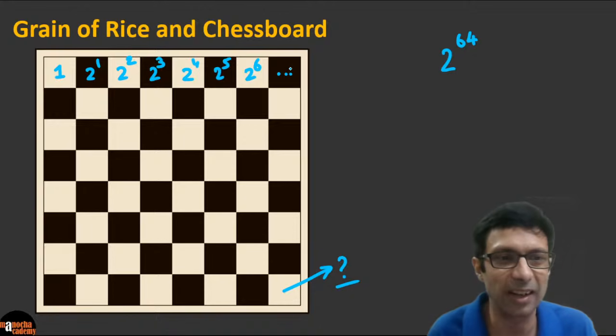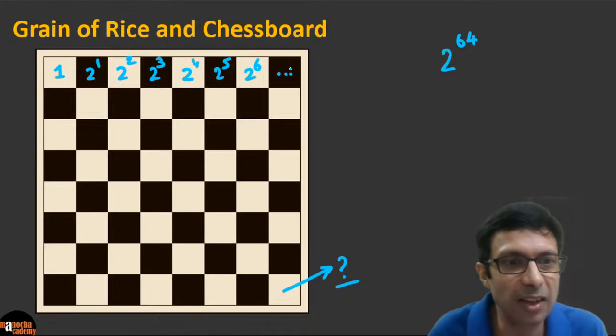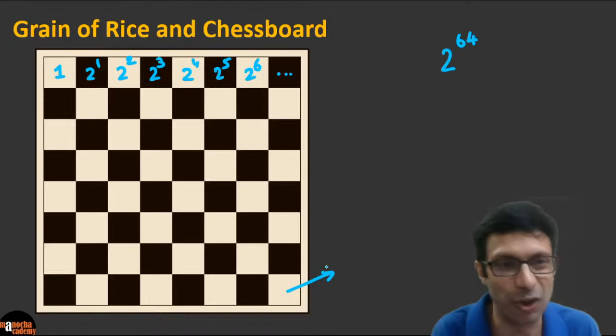You're almost right. It's going to be very good. I see Namita has the right answer. Murli has the right answer. Okay, Ansh, very good. It's going to be 2 to the power 63. So you guys are almost right, because the first square actually had 1, not 2.